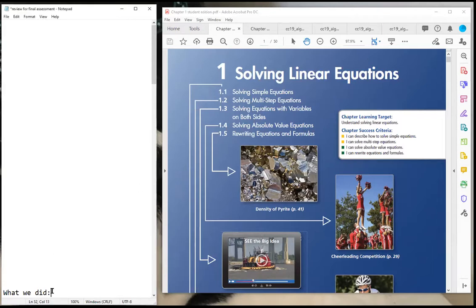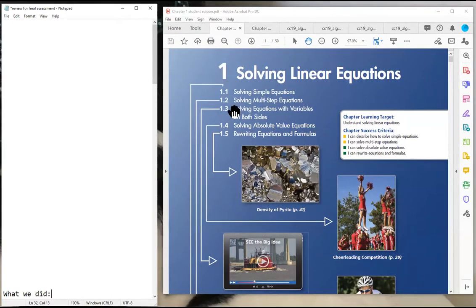For chapter 1, we did section 1.1 to 1.4, and you can basically split this up into two parts. The first part is section 1.1 to 1.3, and that had to do with solving a linear equation.